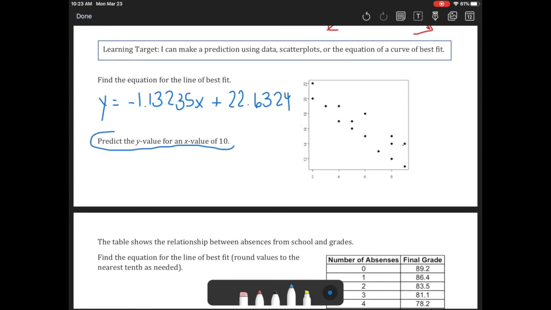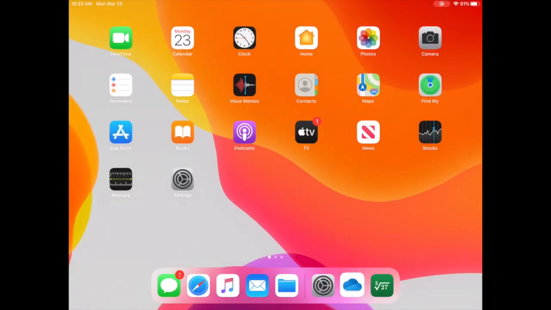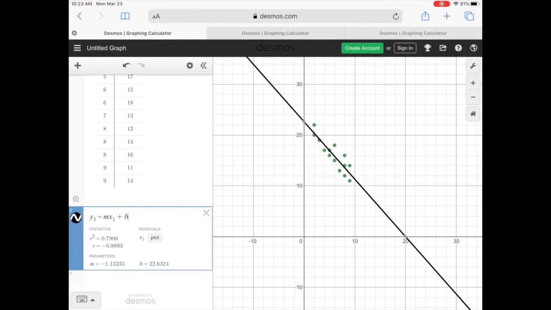Now, when it says predict the y value for an x value of 10, we're just going to take 10 and substitute it right here. So negative 1.13235 times 10 plus 22.6324.